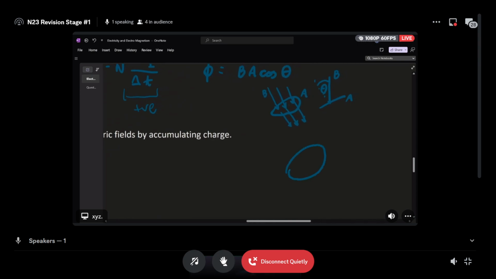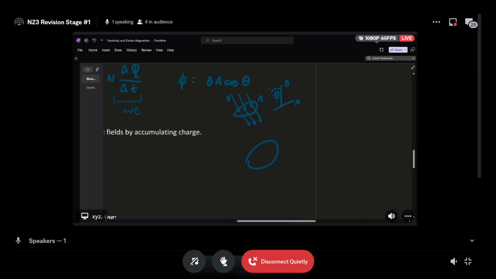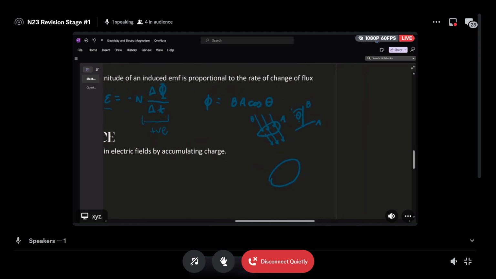So if we have a loop like this, and it goes from a region of zero magnetic field to a region with more magnetic field.